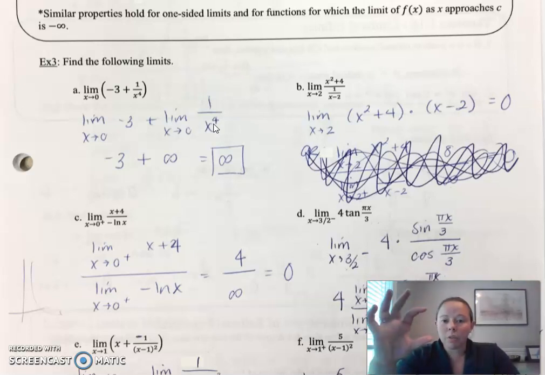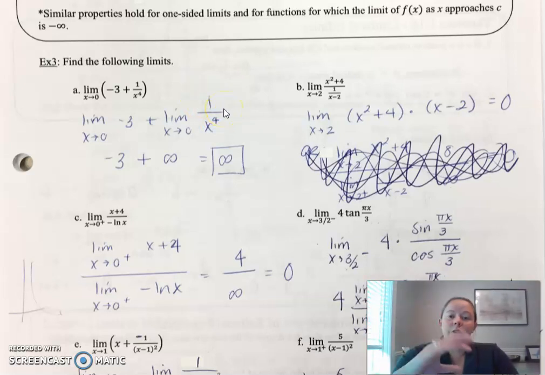Well, if you take a number like 1 and divide it by numbers that are getting smaller and smaller, it's going to explode into a big number. So since I know that this is smaller and smaller numbers in the denominator over a number, then this is actually infinity. So that might be something worth writing. I know we're going to write it in the next section, but a number over numbers getting smaller and smaller, it's going to blow up to infinity.